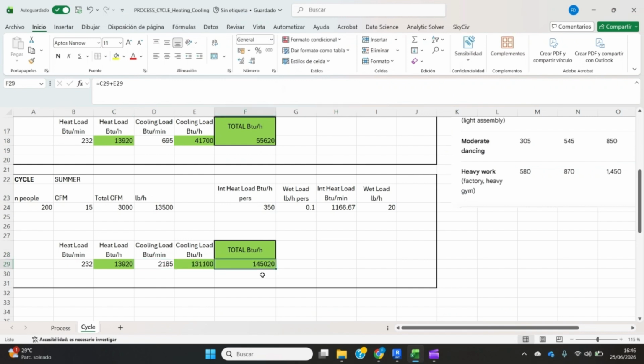Okay, so the total is 145,000. So the cooling load, look at this, it's way more than this one. It's 3 times as much as the heating load.